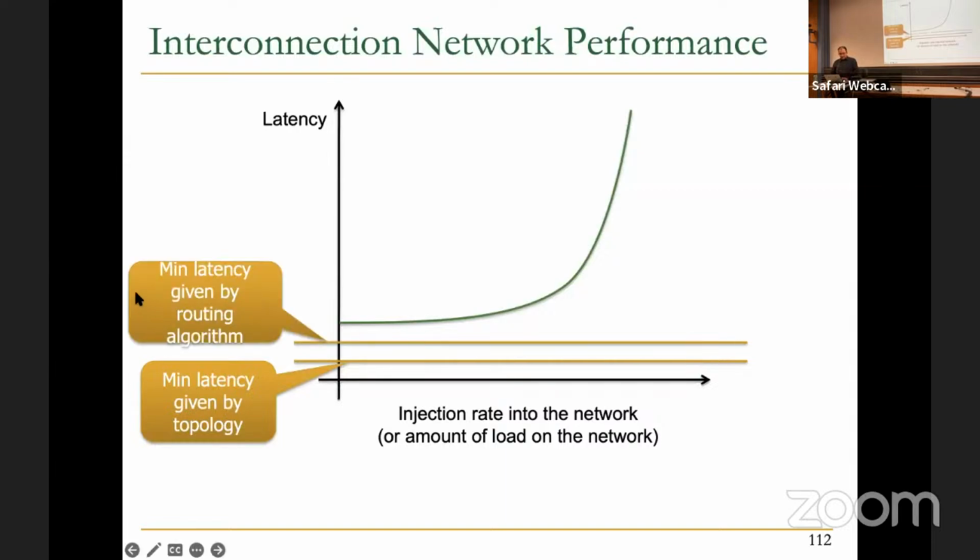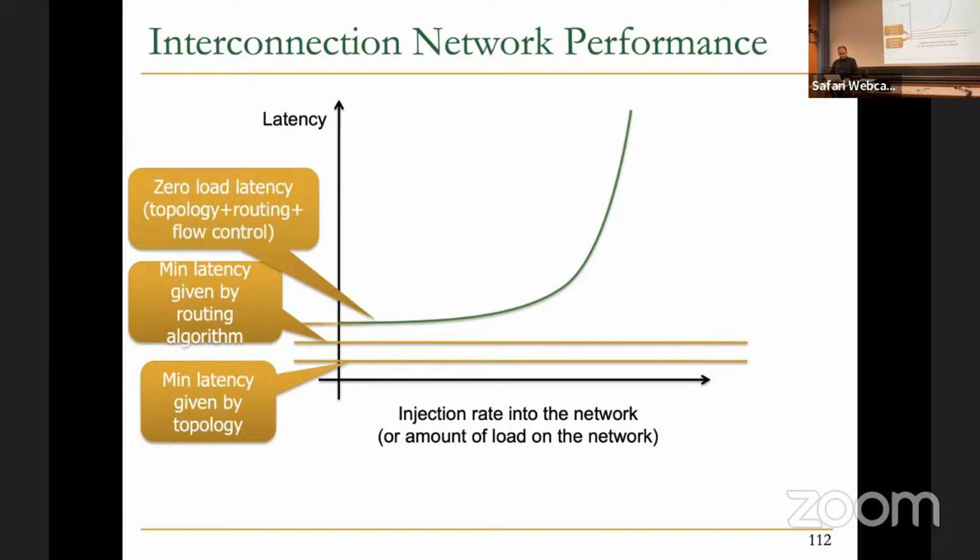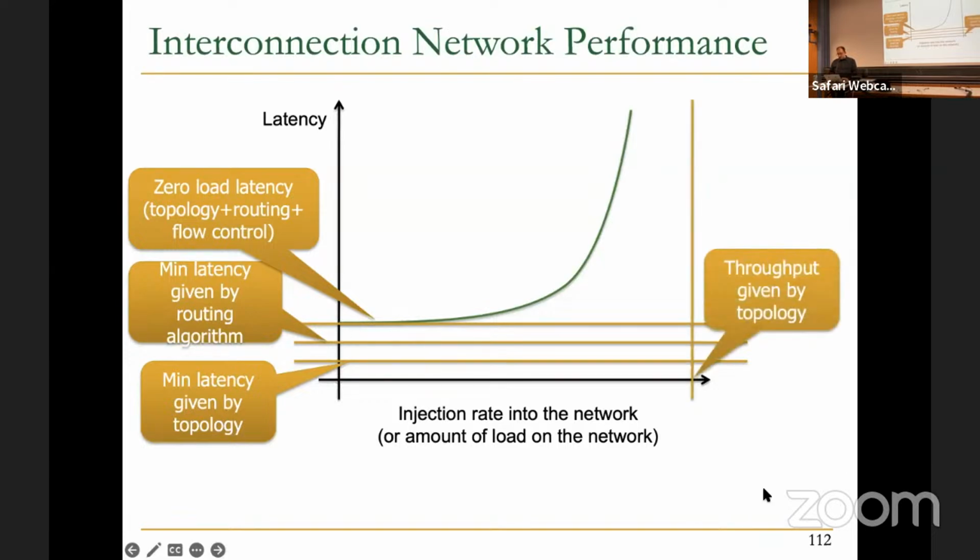Then we have a minimum latency given by the routing algorithm. Your routing algorithm can also add some inefficiencies on that topology. Topology, routing, and flow control together define a latency which we call zero load latency, meaning that if you have no conflicts or no blocking, this is going to be your minimum latency in the network. On the other side, you have a throughput given by topology.